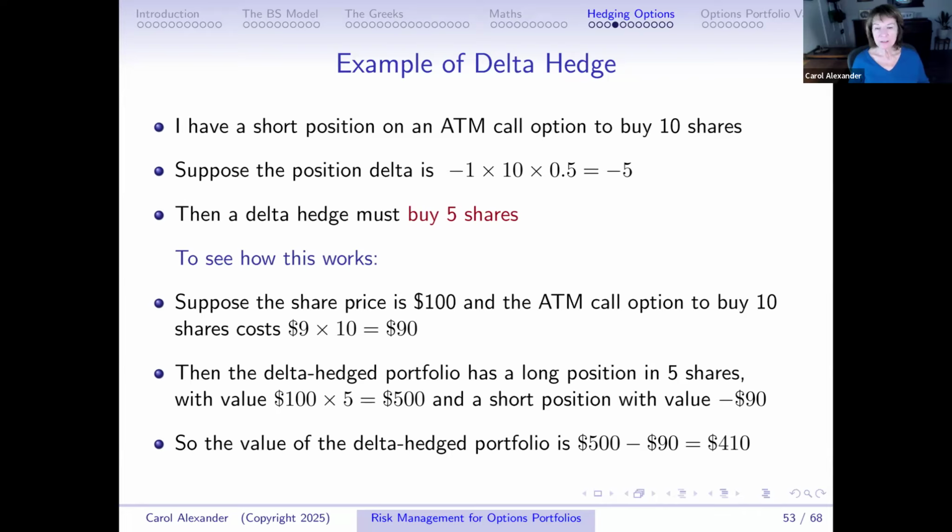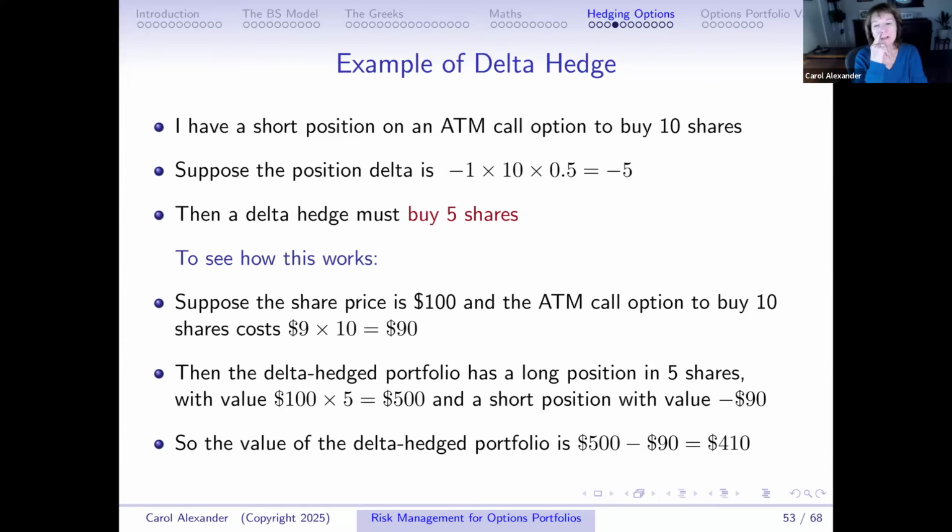So you'd think, okay, well, the at the money call option probably has a price about 100. But just to make the numbers a little bit more distinct, I decided to say that the call option costs $90, all right? So it's not quite exactly at the money. Well, I mean, it depends on the maturity as well, of course.